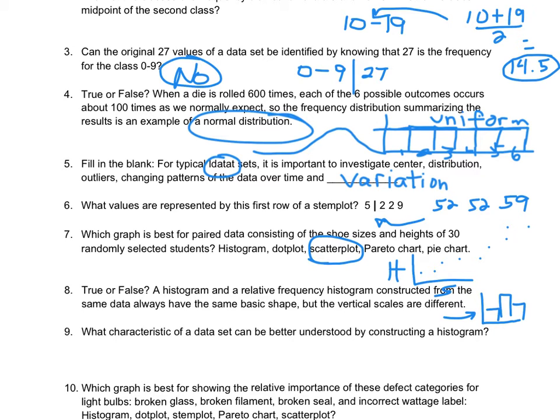It comes from a frequency distribution, and a relative frequency histogram would just have the percentages on the y-axis, but each bar would be relatively the same compared to the other bars. So they would look the same, they would just have different y-axes.